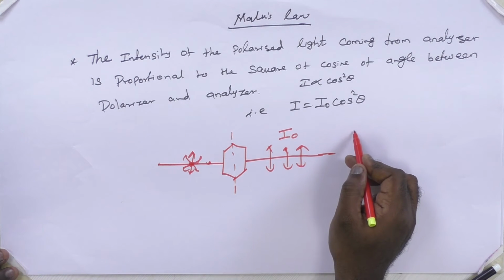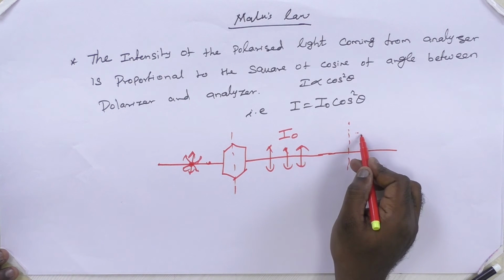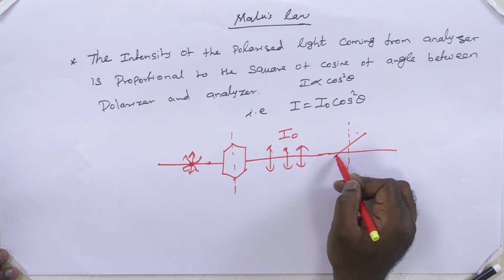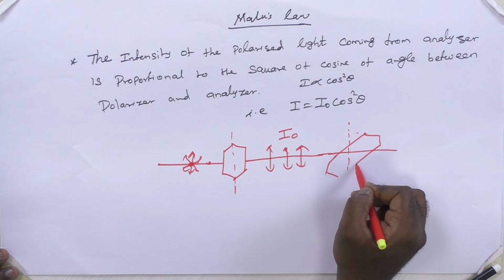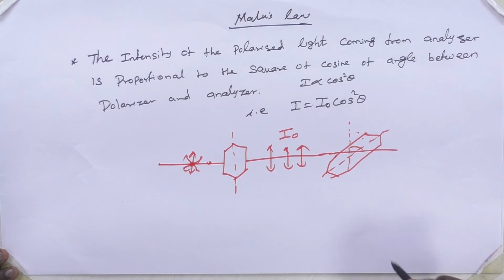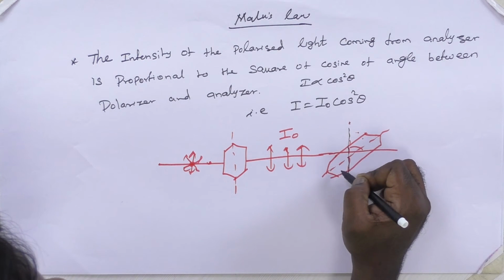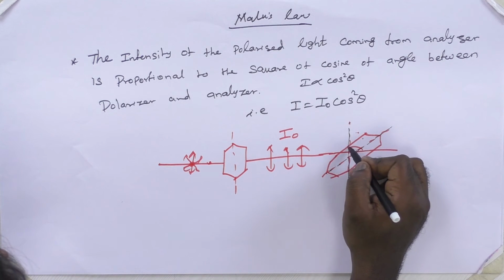Now the transmission axis of this analyzer makes an angle of, say, 40 degrees with respect to this transmission axis.